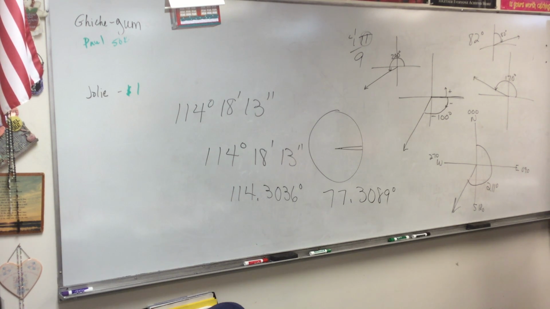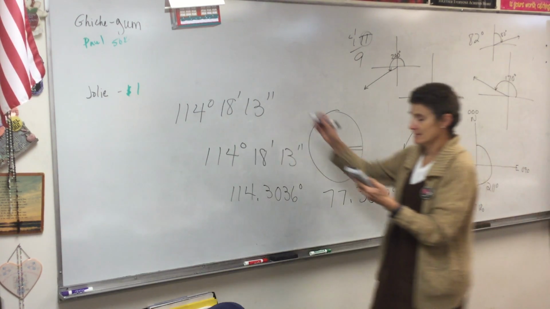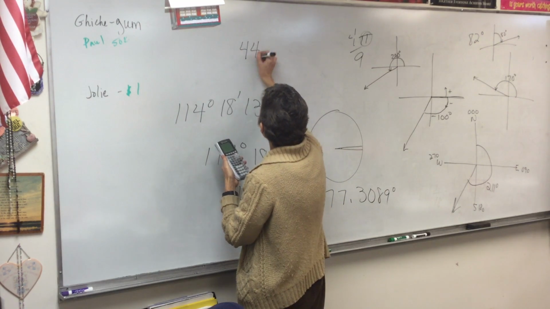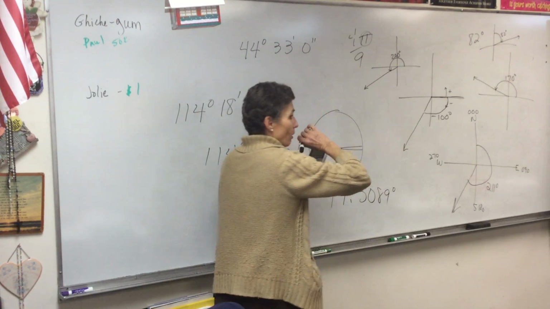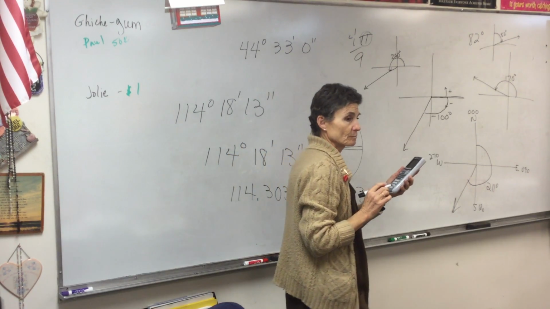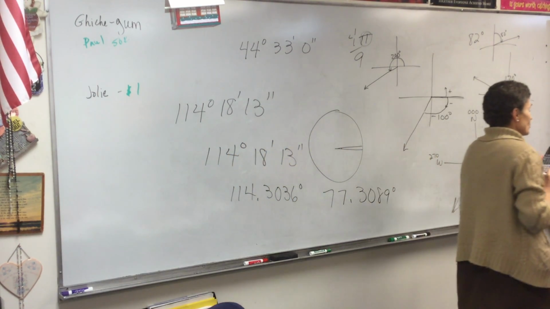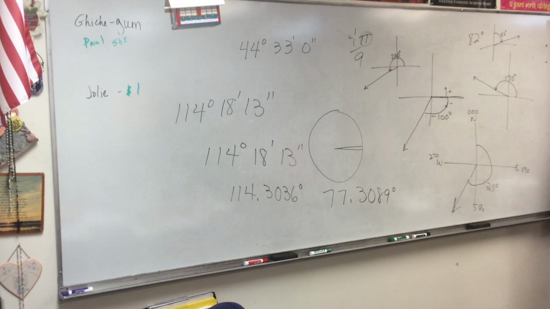What do you think DMS stands for? Degrees, minutes, seconds. Press enter a couple times, and it says 44 degrees, 33 minutes, and 0 seconds.